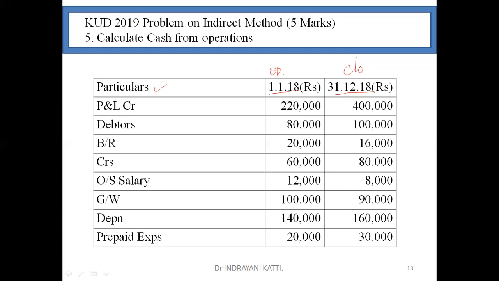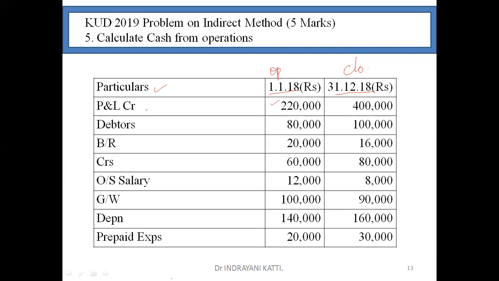Profit and loss, that is credit balance, is nothing but net profit, right? A credit balance means profit and a debit balance means loss. So 2,20,000 is the opening and 4 lakh is the closing. Then debtors, opening and closing, bills receivable, creditors, outstanding salaries, goodwill, depreciation, and prepaid expenses.